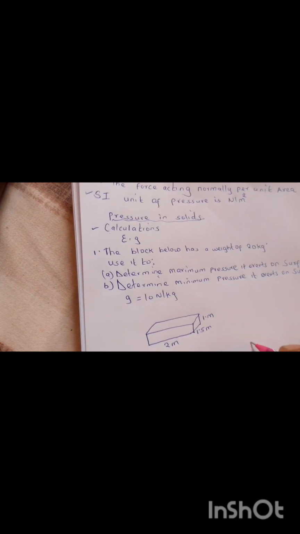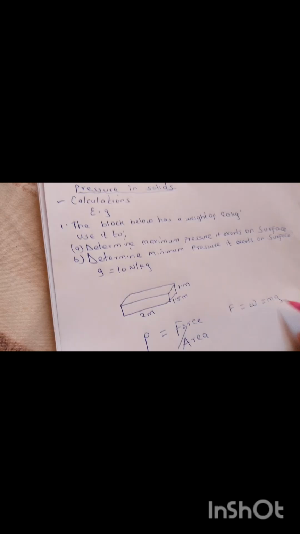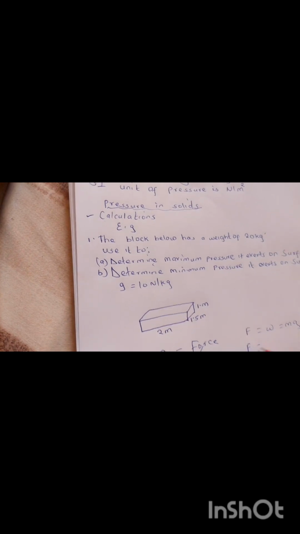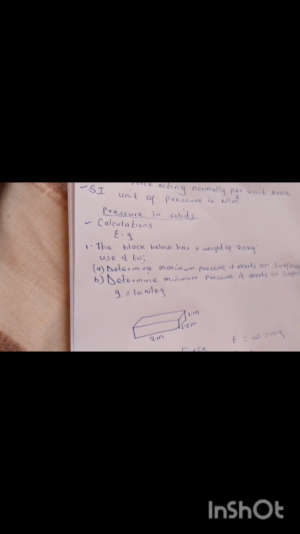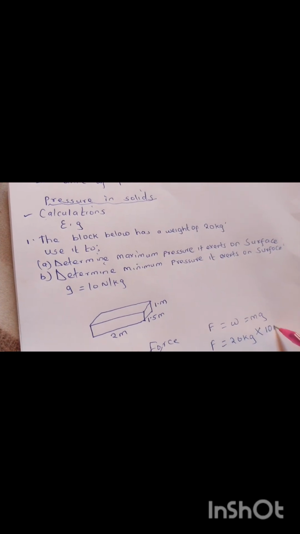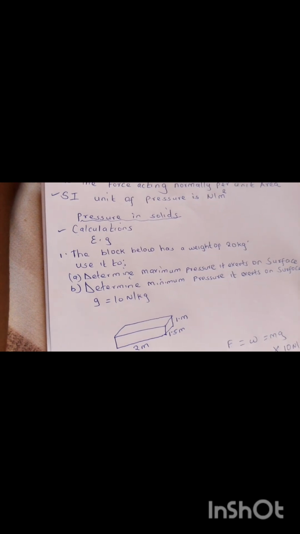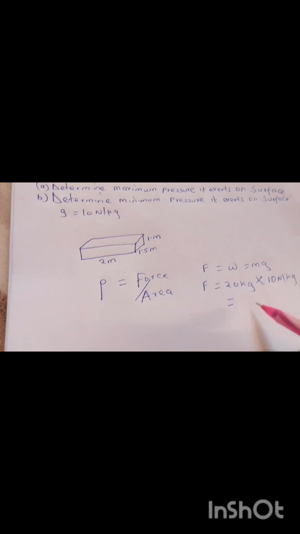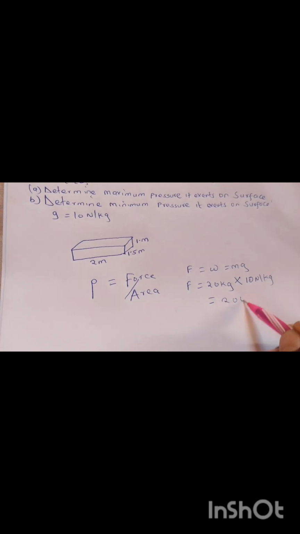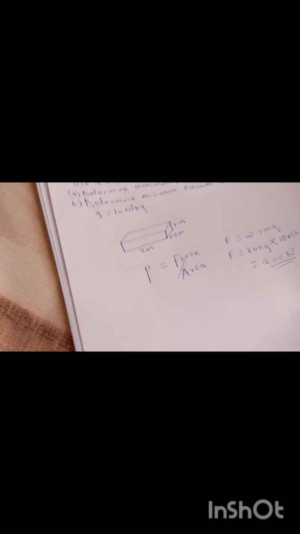So we know that force is the same as weight, which is given as mg. So our force is going to be the mass that we have been given, 20 kg, and then we multiply by the gravitational force, 10 newtons per kg. So 20 times 10, we find that it is 200 Newton. So this is our force that we are going to use.